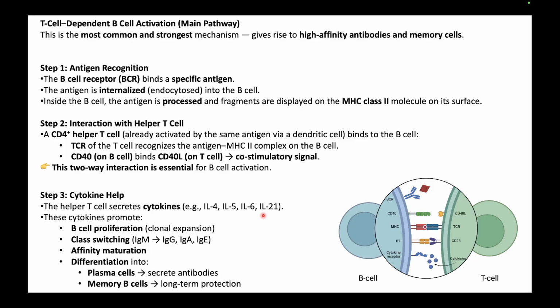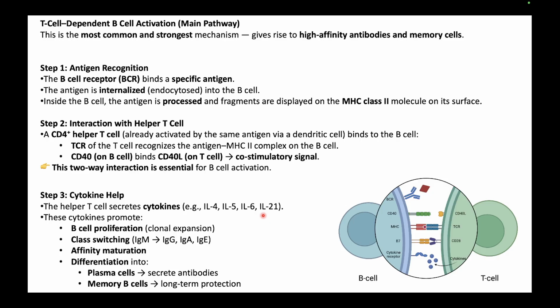When it gets activated, it starts producing different classes of antibody, IgG, IgA, IgE, for different kinds of action. Class switching, then the affinity maturation, meaning more affinity for the antigen by the B cell. Differentiation into plasma cells and memory cells.